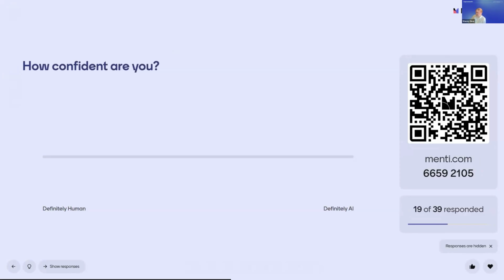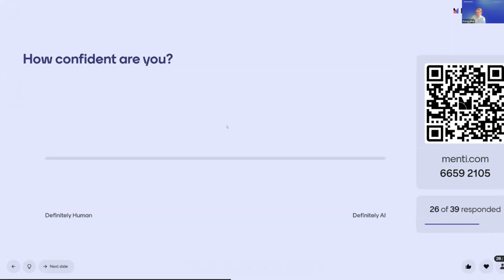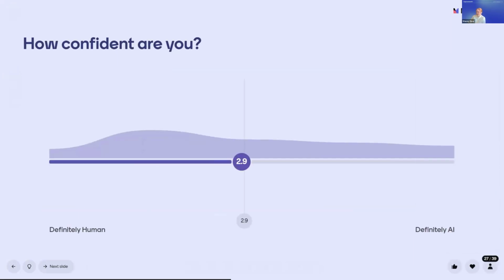I'm just going to give you 5 seconds. Okay, again, slightly towards definitely human, which is good because this is a real quote. I took this from the IPCC, Chapter 12, Climate Information for Regional Impact on the Climate Services area. So definitely human from the IPCC.